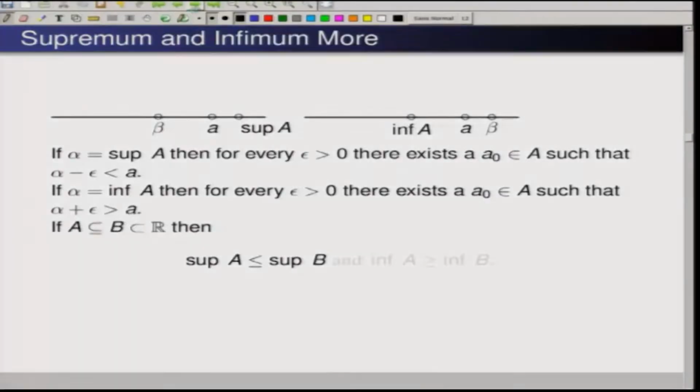However, if A is contained in B, then the infimum of the larger set will be less or equal to the infimum of A. For example, you take 0, 1, 2, 3 and then you add minus 1, then minus 1, 0, 1, 2, 3 is going to be a larger set than 0, 1, 2, 3, and because you have more option of going below, therefore the infimum would be less or equal to the infimum of A.